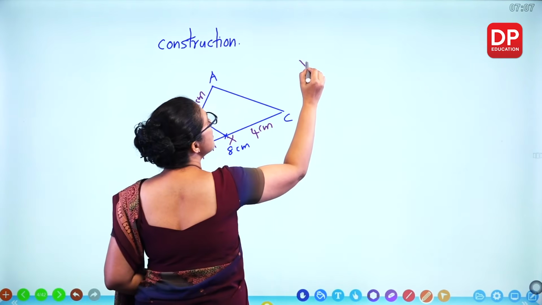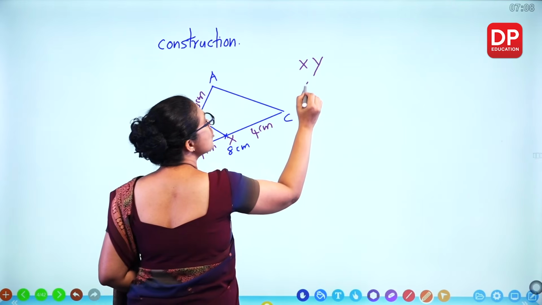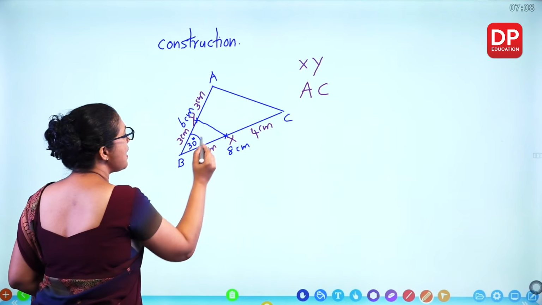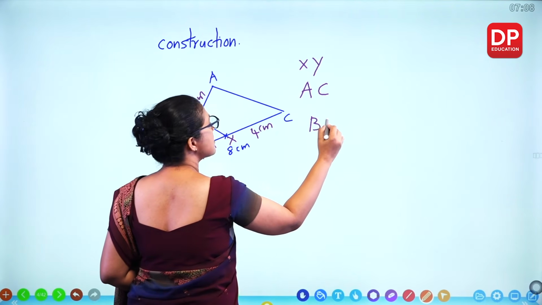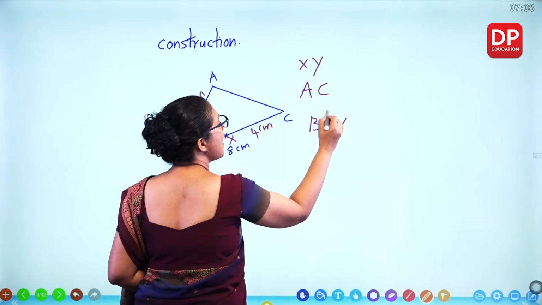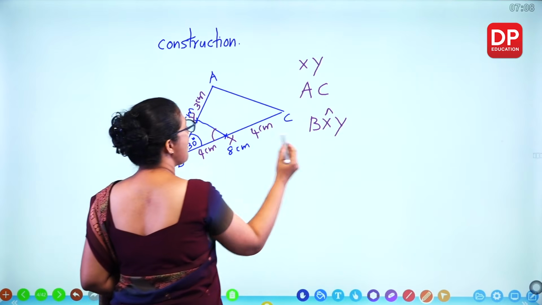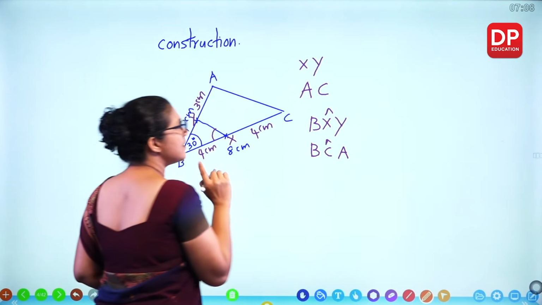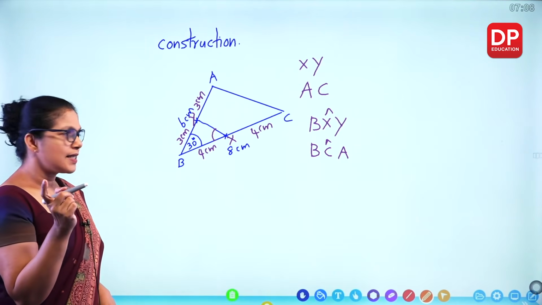Measure the XY length, measure the AC length, and then measure the BXY angle, this angle, and measure the BCA angle. Do that and find out what happens.